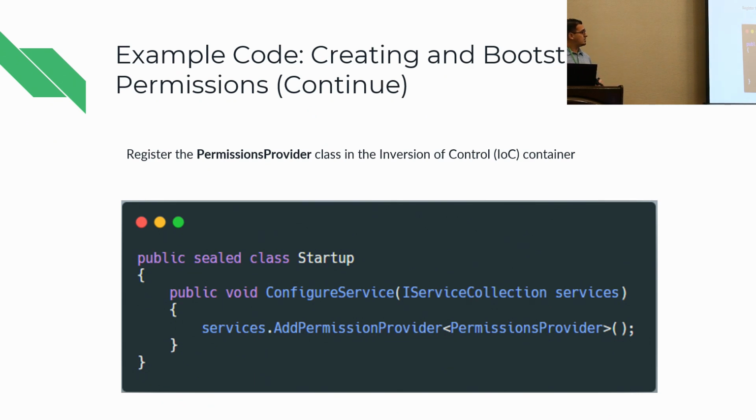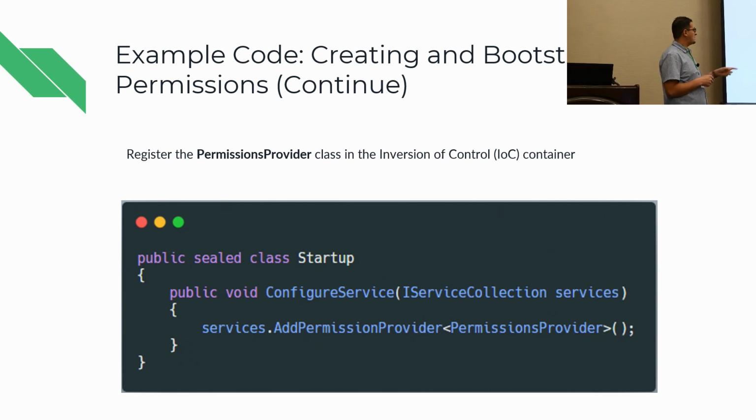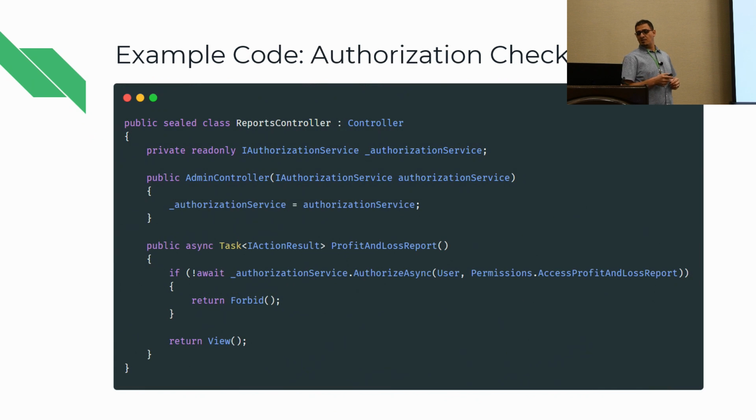The other thing that you have to do is register it. I bet most of you don't use that AddPermissionProvider extension. It's actually part of 2.0. You can register your permission provider as a scoped service, or you can utilize a fancier method that Sebastian does not like.